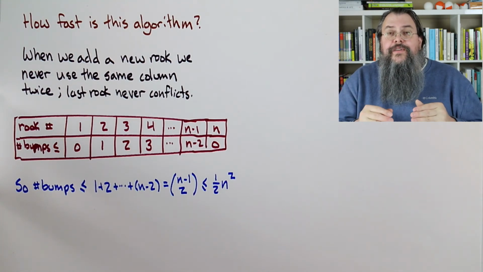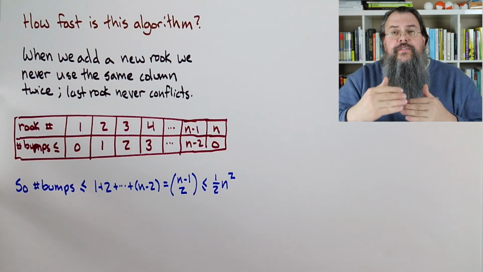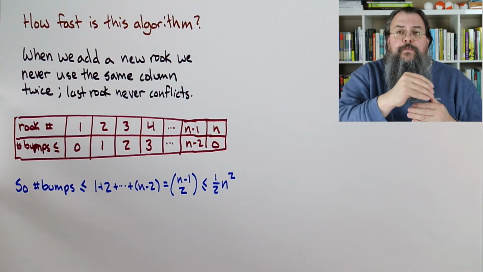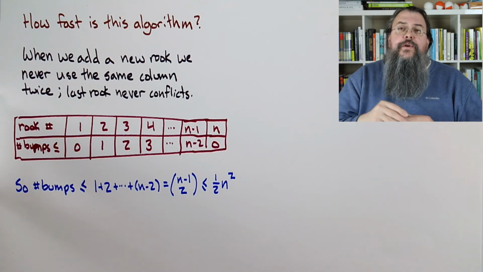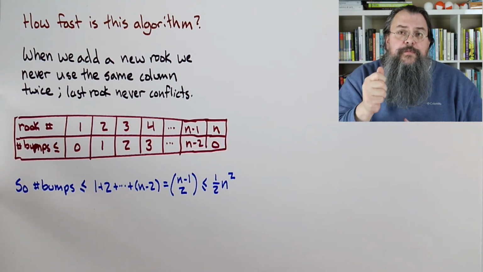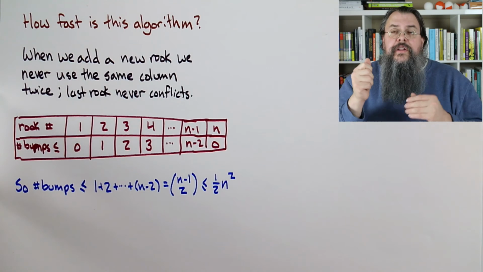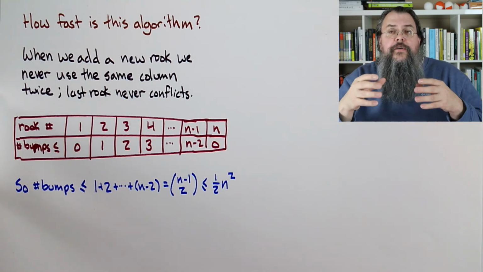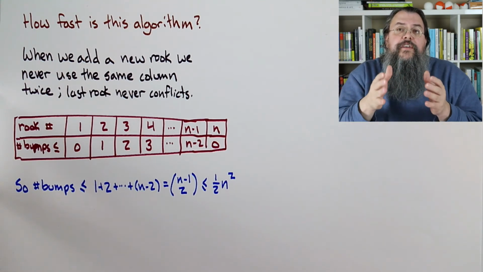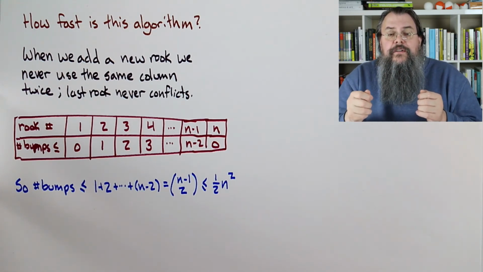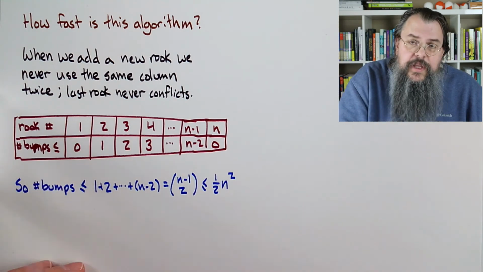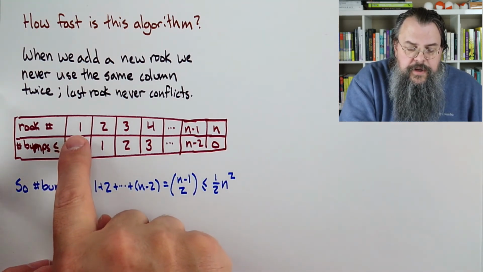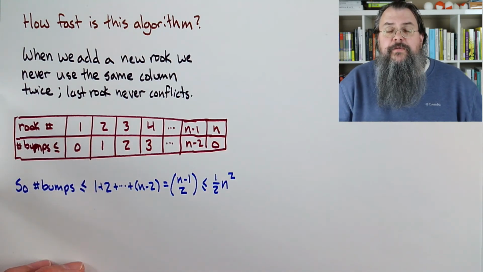But the good news is our proof really says, hey, every time that we are working on resolving that conflict with a new rook that we're adding to the board, we only use each column at most once. Now, this is great because if I have k rooks already placed, there's only k possible times I might have to move things around. So in particular, if we think about the bumps, how many times we have to make an adjustment, well, when you place the first rook, no problem.